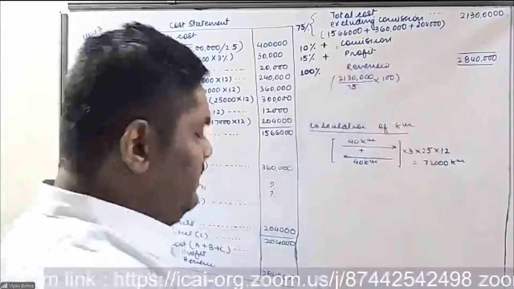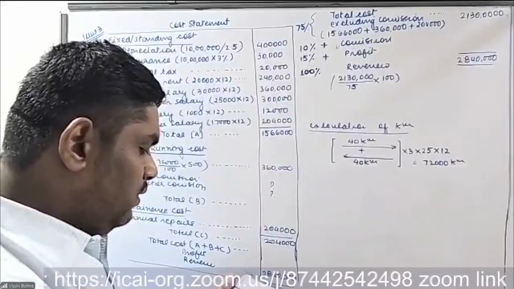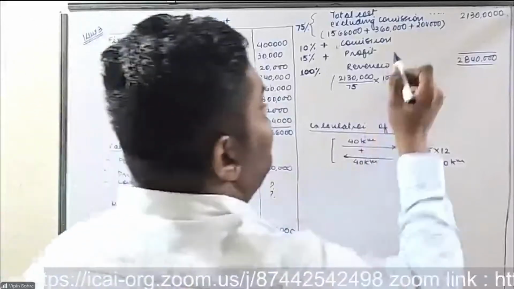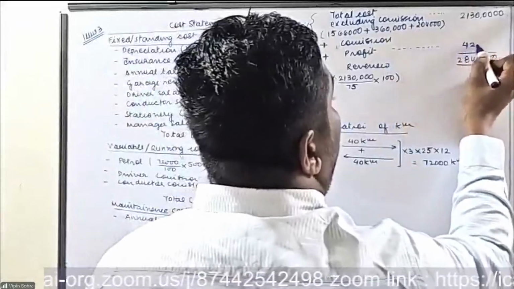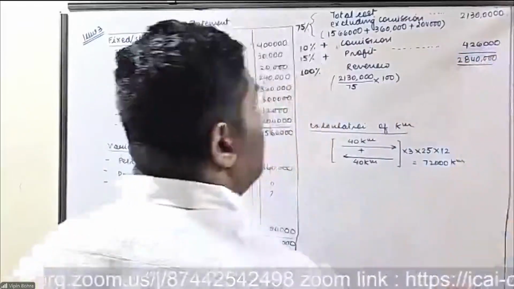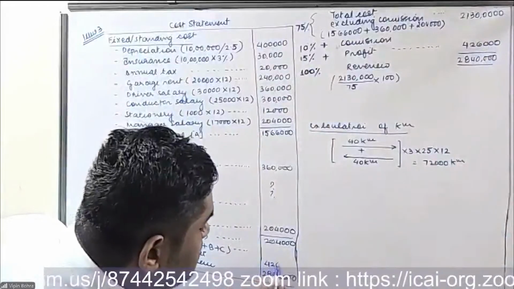Further, my profit will be 15% of 28,40,000. So this will be 4,26,000. So my profit will be 4,26,000.